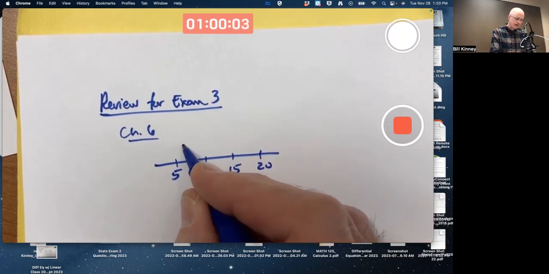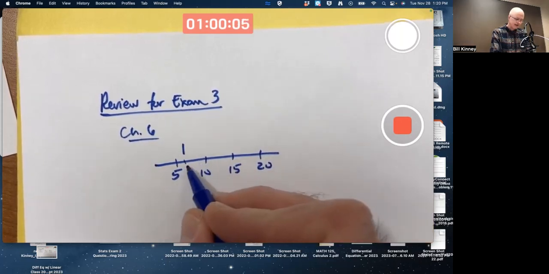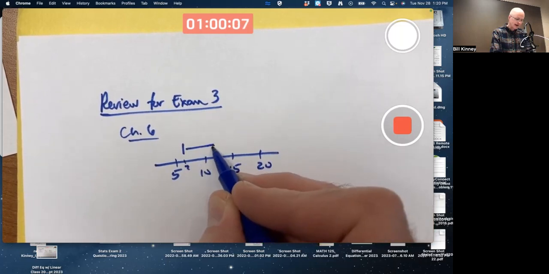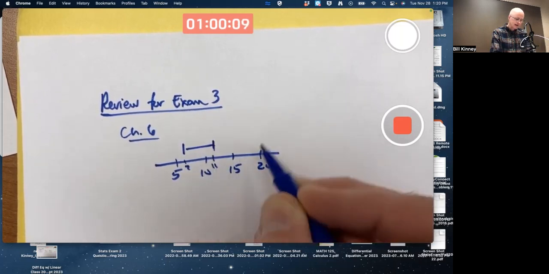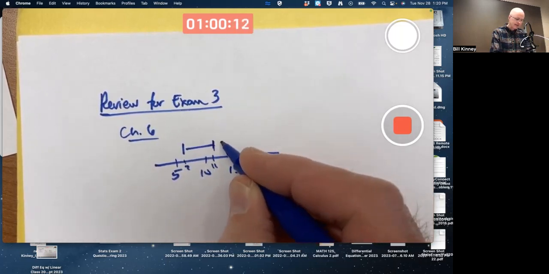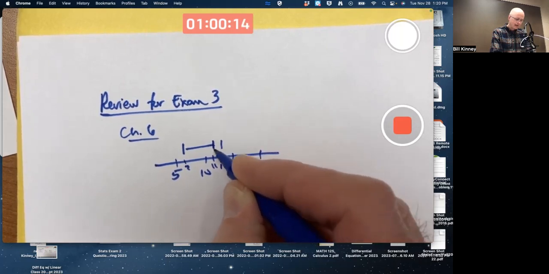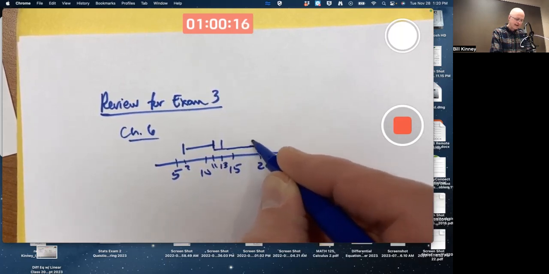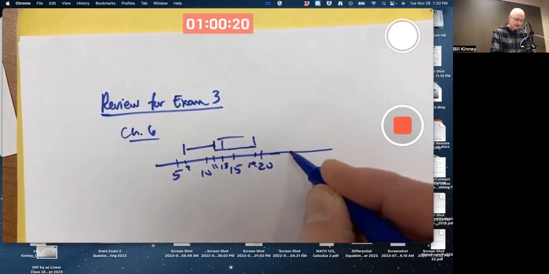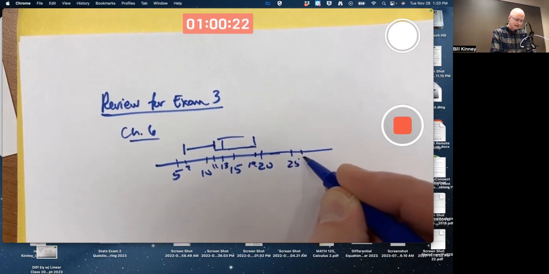And maybe the minimum of your 5-number summary is 7, and the first quartile is 11, and the median is 13, and the third quartile is 19, and the maximum is 26.